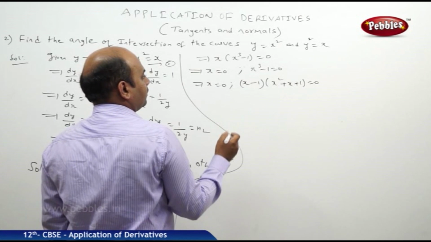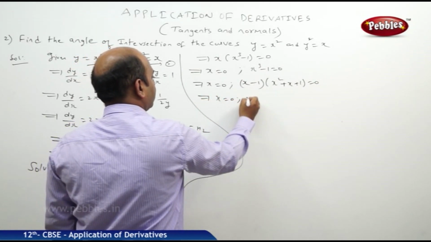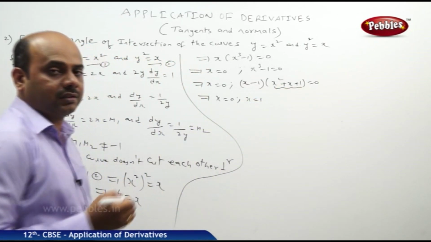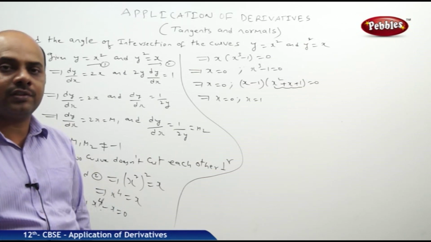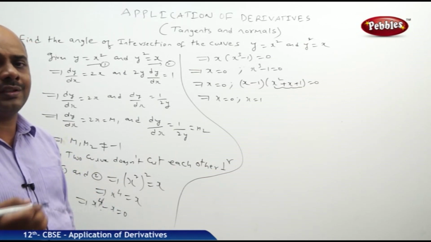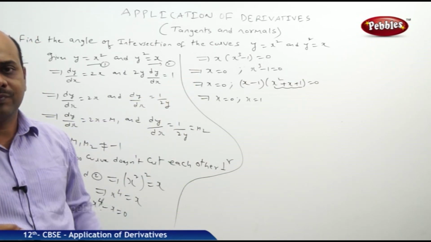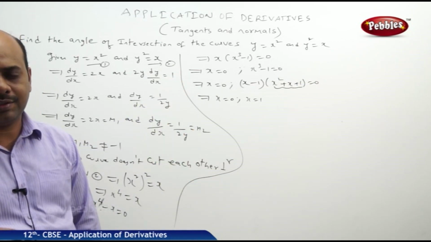So from here I can have x is equal to 0 and x is equal to 1, and the quadratic I don't require, because we will be getting imaginary roots. How can we decide? The discriminant, b square minus 4ac, is less than 0, therefore we are getting imaginary roots.